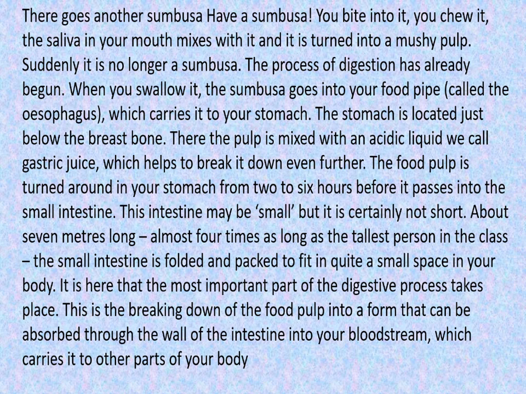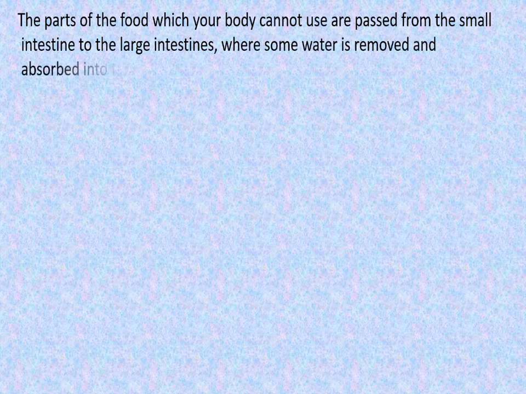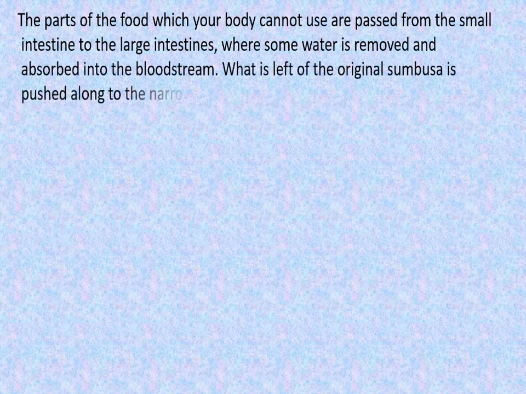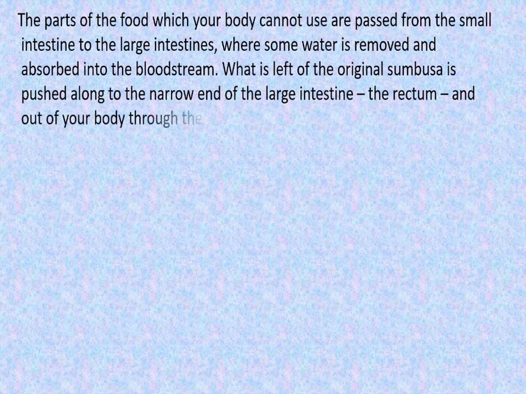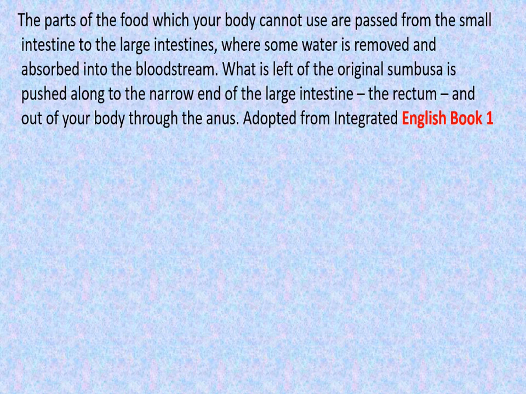Now we are explaining the digestive process. Okay, so there we are continuing, and we are saying the parts of the food which your body cannot use are passed from the small intestine to the large intestines, where some water is removed and absorbed into the bloodstream.